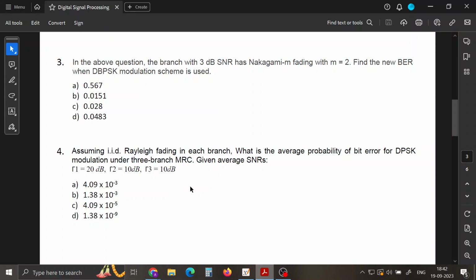I think there is a small typo here. It will be DBPSK. It's not DPSK, it's DBPSK. So what is the average bit error rate for DBPSK modulation for these 3 branches which are IID with MRC, maximal ratio combining, and for the 3 branches you are given the individual average SNRs, capital gamma 1, capital gamma 2 and capital gamma 3.